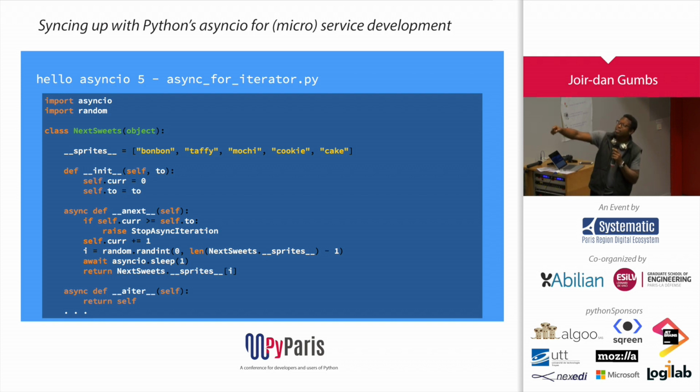But in a next, I have a stop iteration state, so at what point do I want to stop the iteration? If I don't, and I want it to go forever, I don't need to worry about it. But other than that, all I'm doing is incrementing the current position of where I am within this iteration, and then I just randomly grab a suite from the list of suites that I have up there.